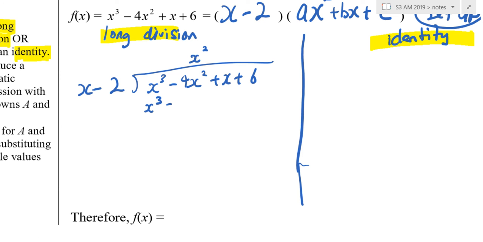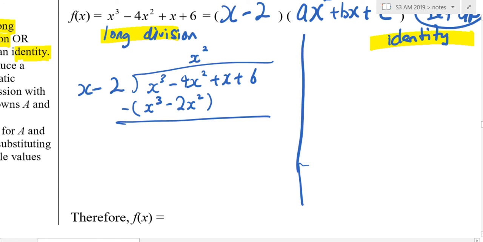Do you know what I'm talking about? x squared times x is x cubed. x squared times negative 2. Plus or minus? Minus. So this is a minus 2x squared. Then you put a giant minus outside.